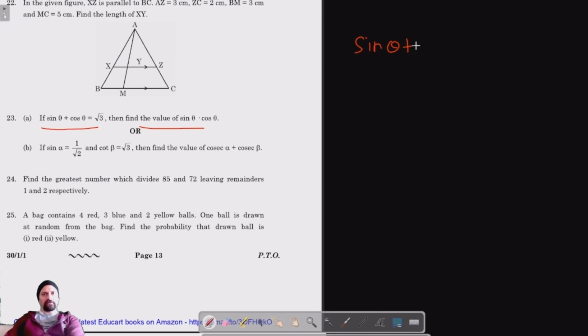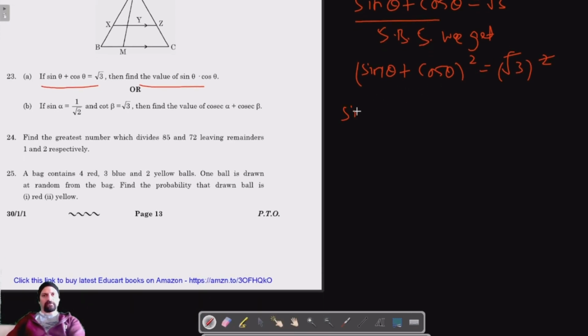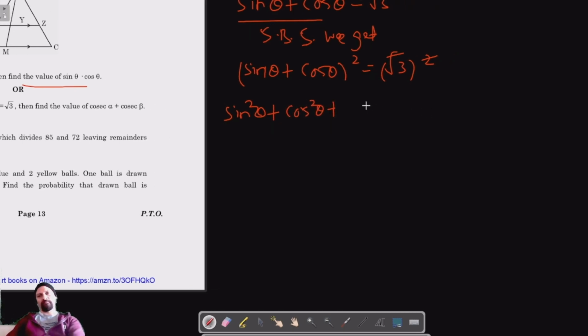Now, squaring on both sides, sine theta plus cos theta the whole square is equal to root 3 the whole square. So this is sine square theta plus cos square theta plus 2 sine theta into cos theta is equal to 3.